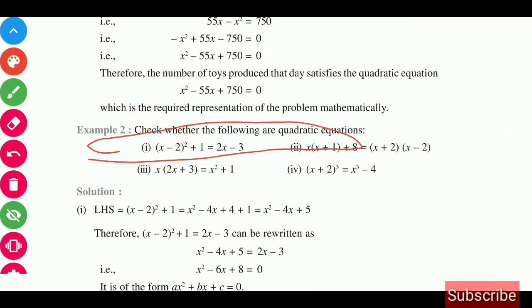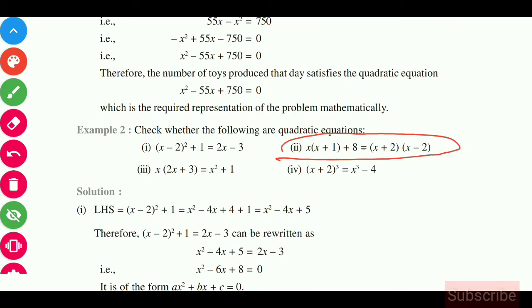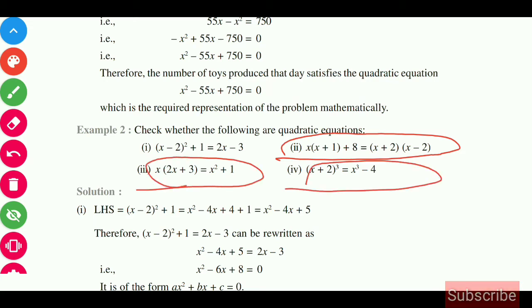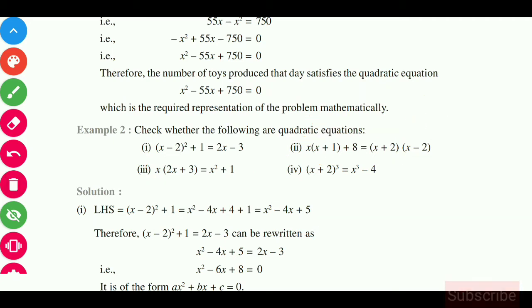Similarly, we can resolve this term and this term by simplifying the brackets, and bringing them to the standard form of quadratic equation. And if it fits the standard form, then we can say that the given equation is a quadratic equation.